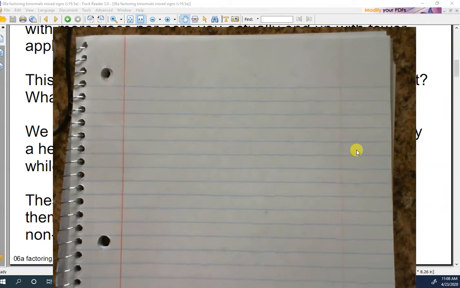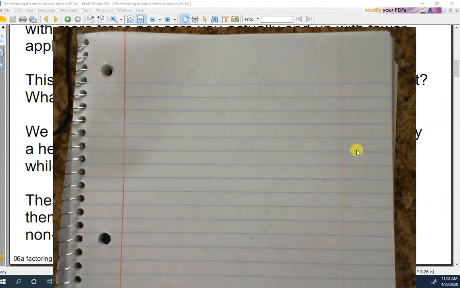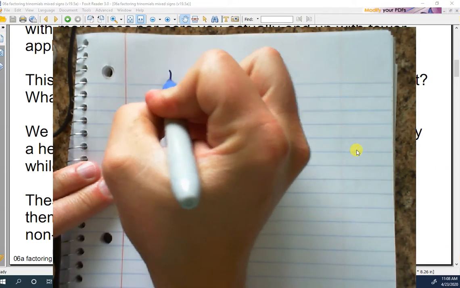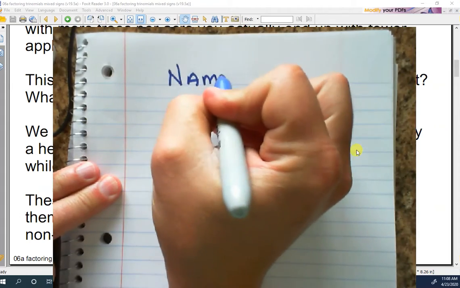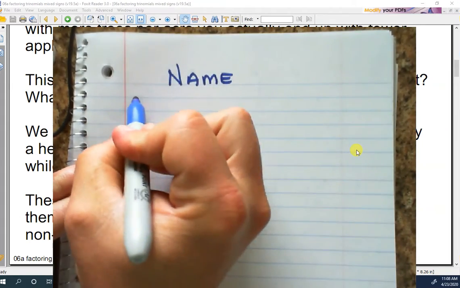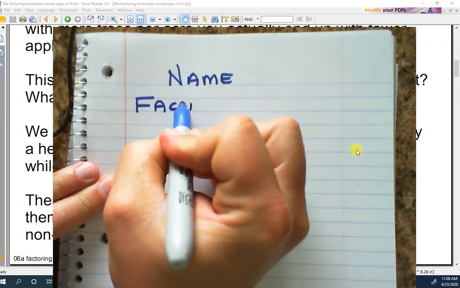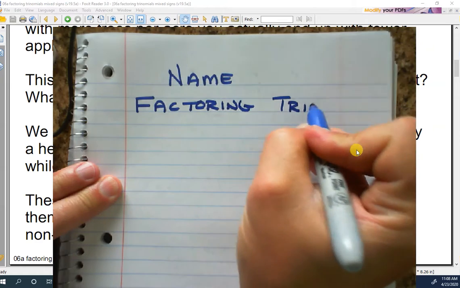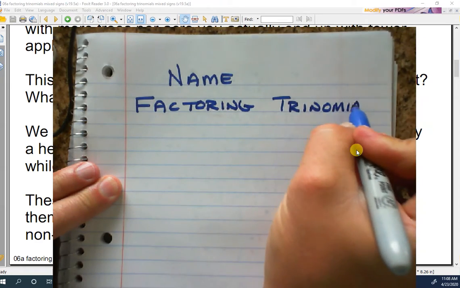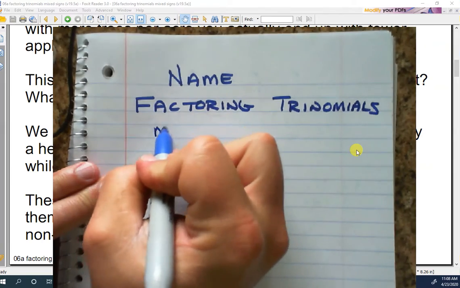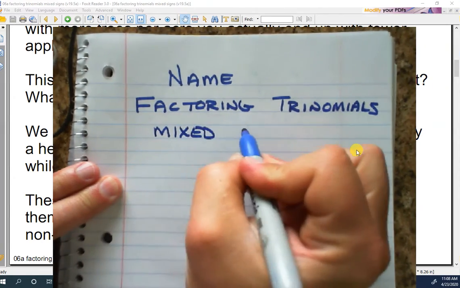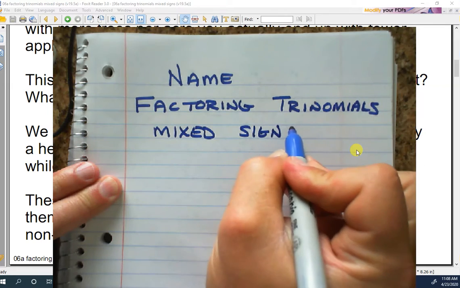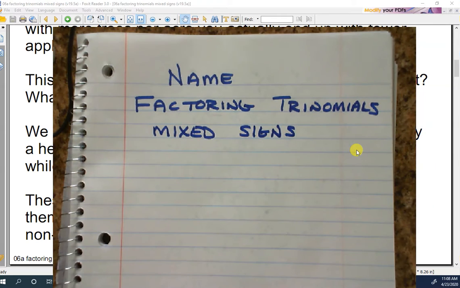So what we're going to start with is your name, and our title is Factoring Trinomials with mixed signs.